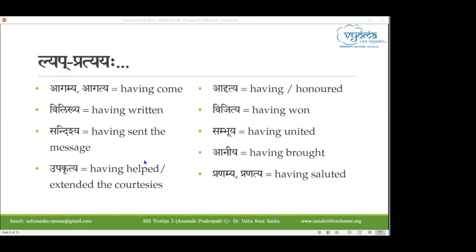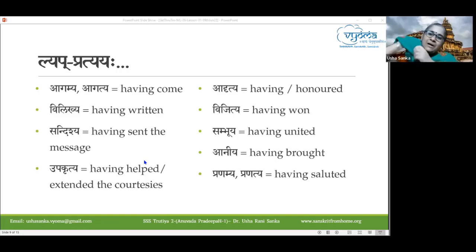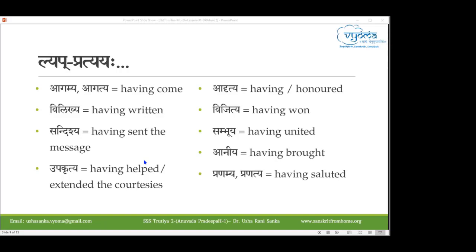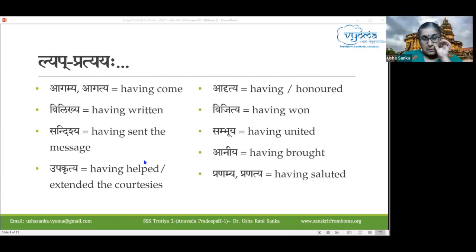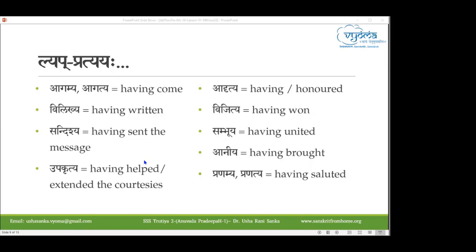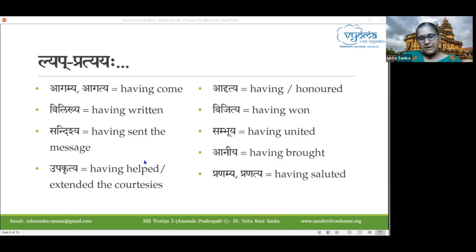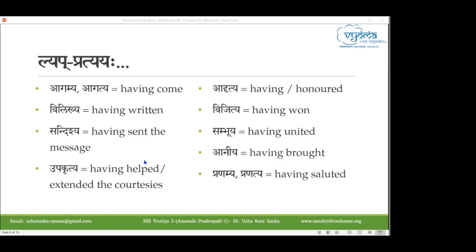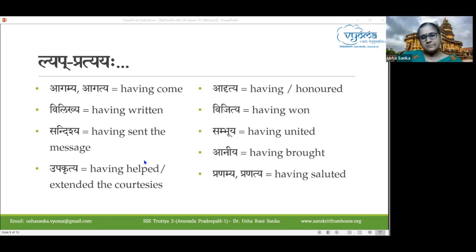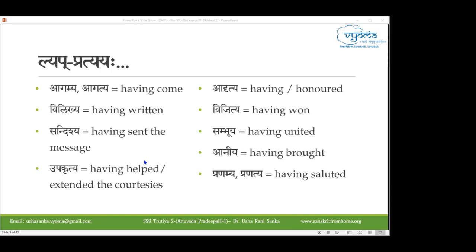Pranamya. In Hindi it is called pranam. Nama. Yeah, the same dhatu. What is the dhatu behind? Nama dhatu. Okay. What is the upasarga? Upasarga pra, nama dhatu, pranamya, having saluted.